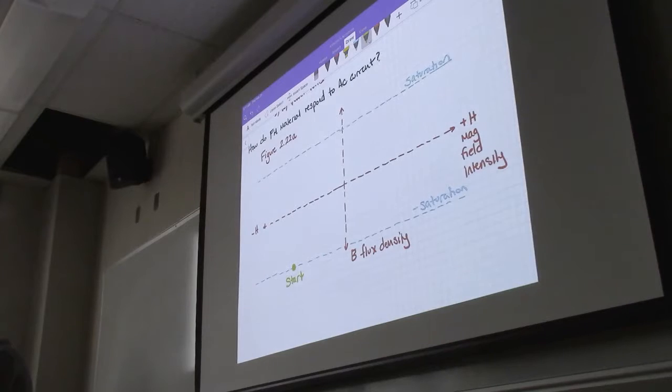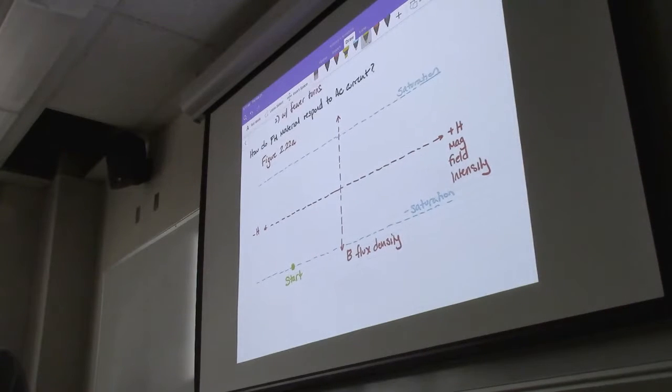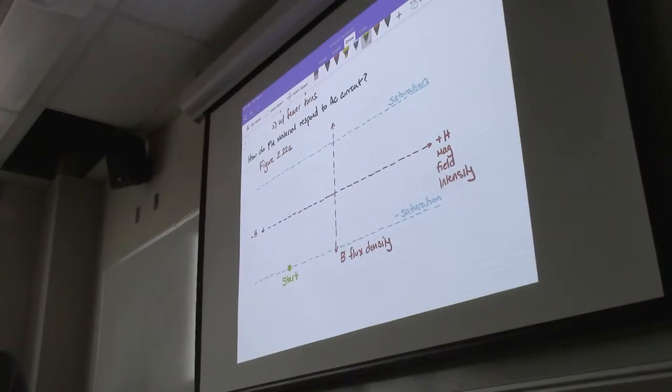Okay, so this is what the hysteresis loop looks like.